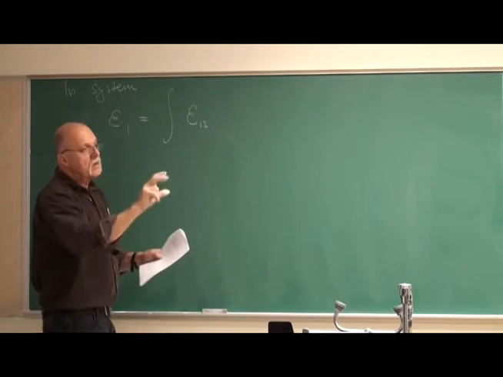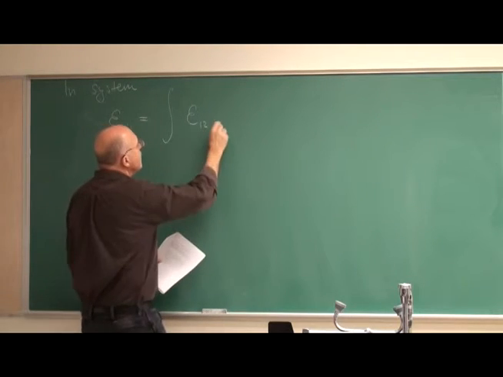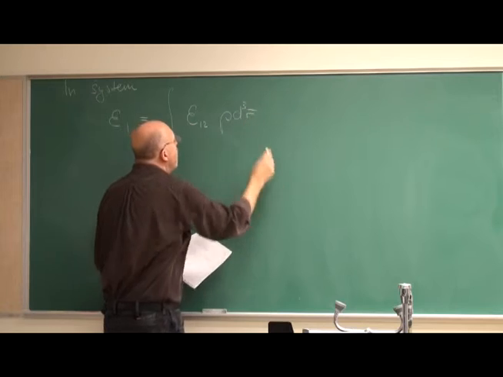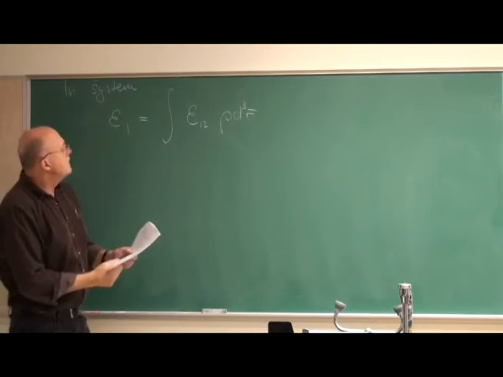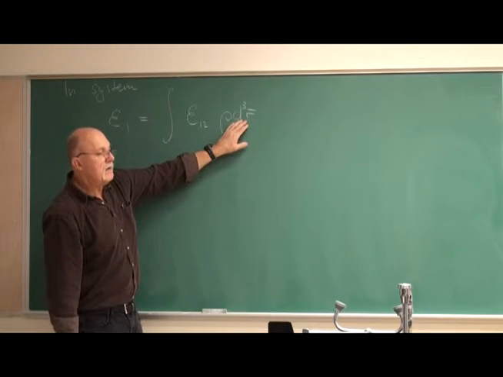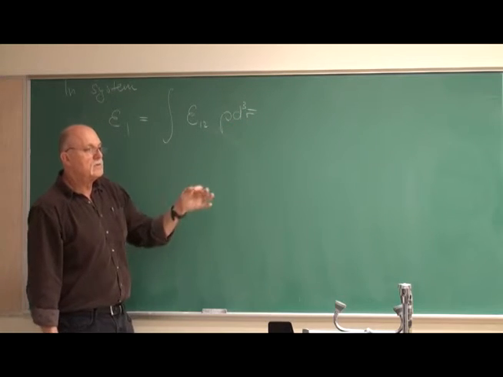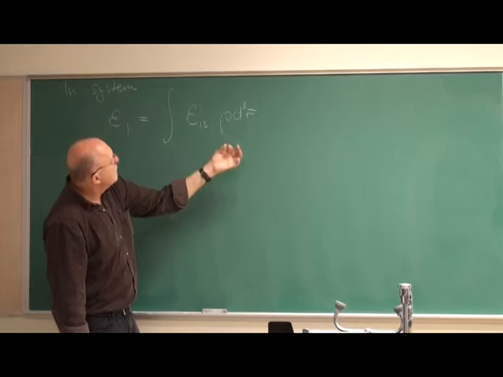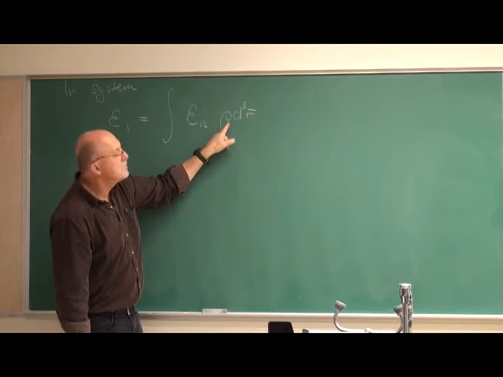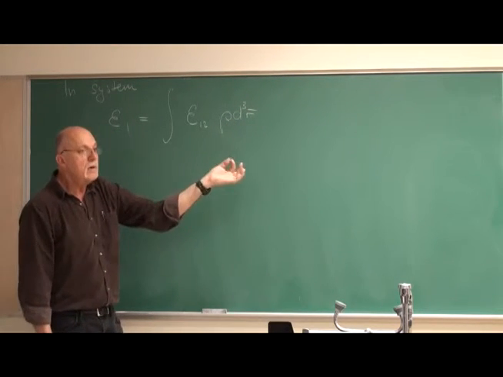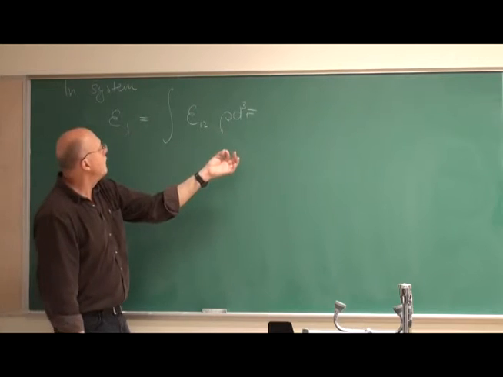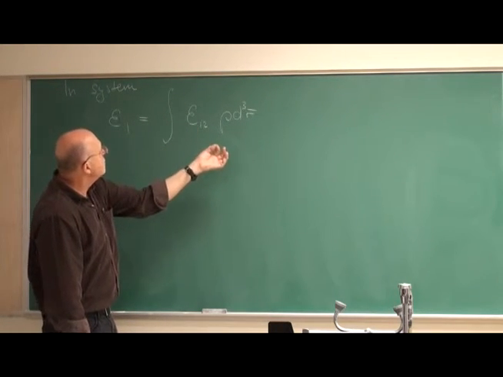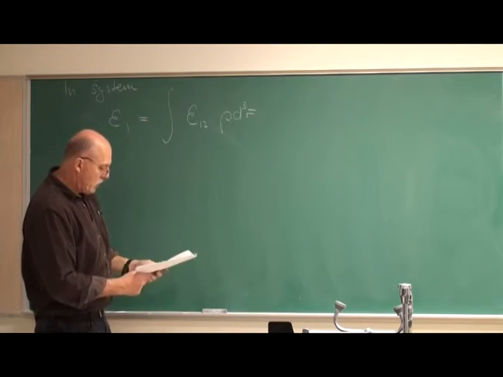And then to count the particles, I'm going to take the number density times d cubed r. So this is the elemental volume. So I go to a place, and then I make a little volume element times rho, which is the number of molecules in that little volume element, and I multiply it by the interaction energy at that point.